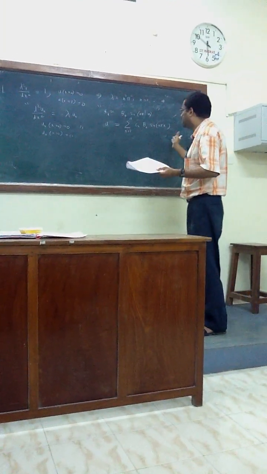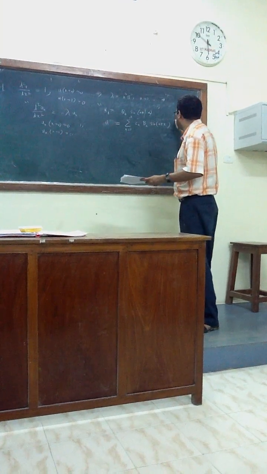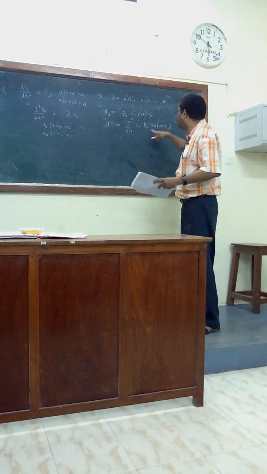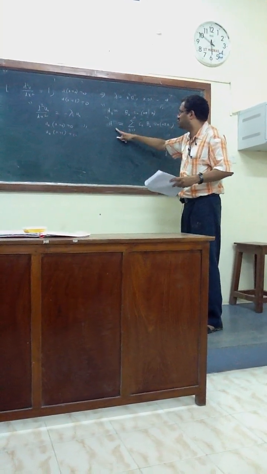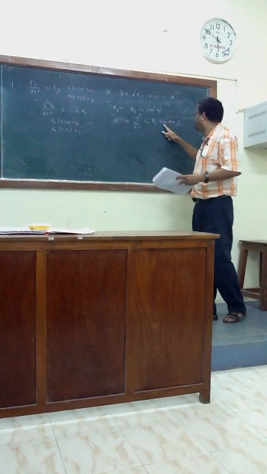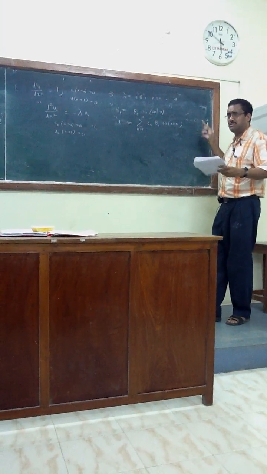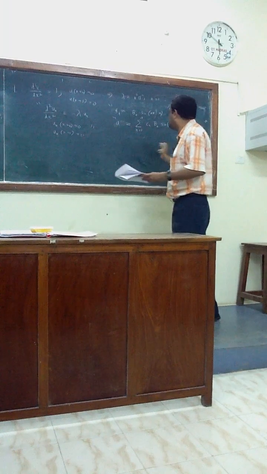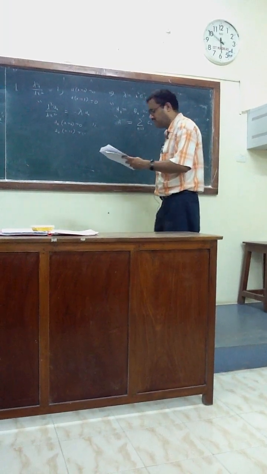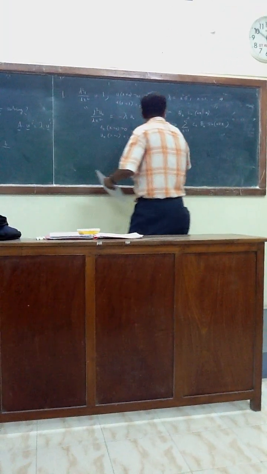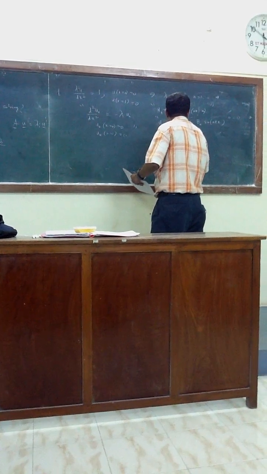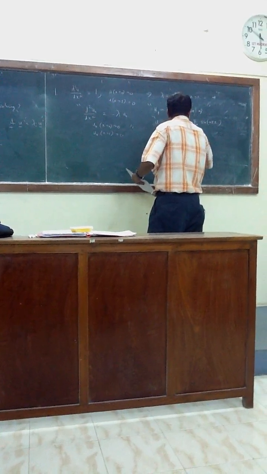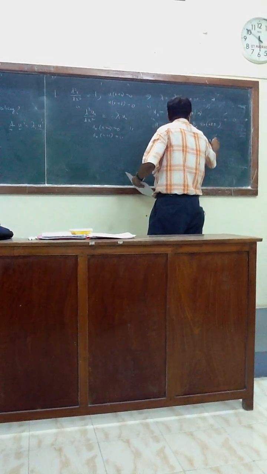And you can see that this satisfies the boundary condition. If you put x equals 0, u equals 0. If you put x equals 1, it will be sine n pi, so it will be 0. So this satisfies the solution. Now we have to find Cn and Bn. How to find? I will write this combined stuff as Bn sine n pi x.